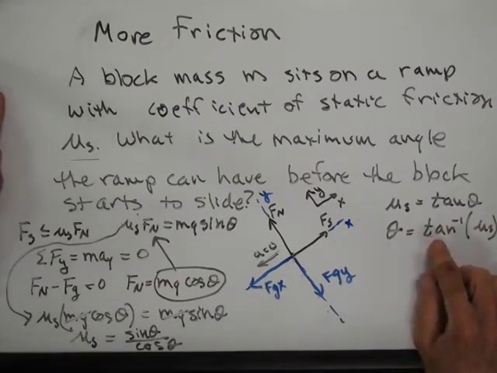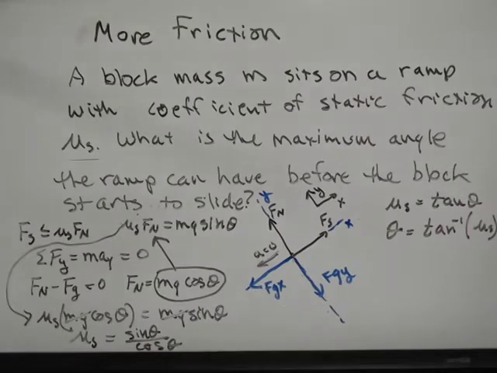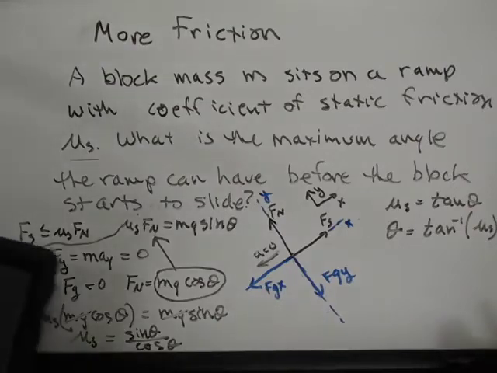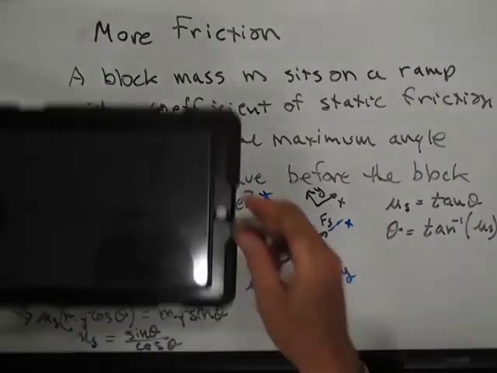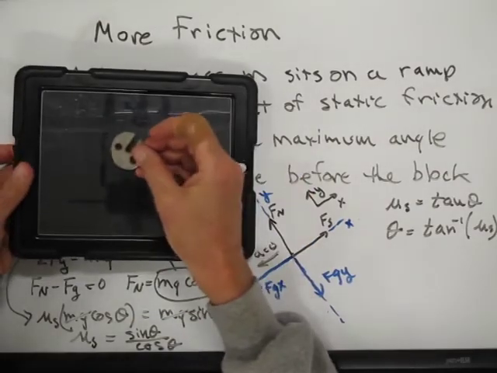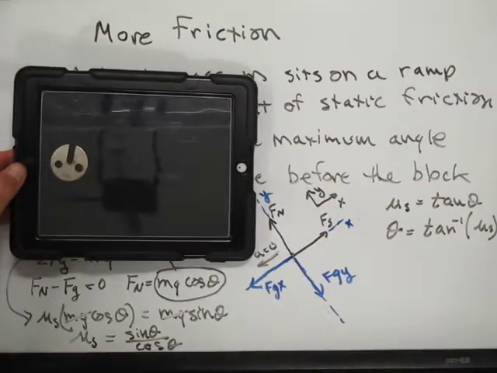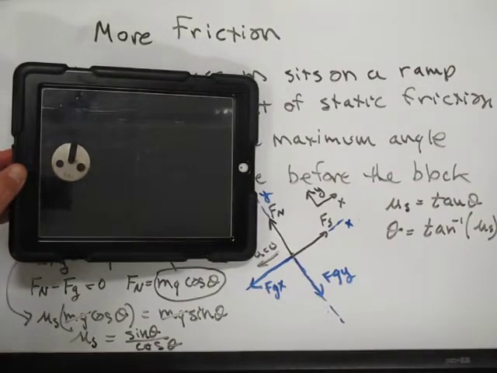By the way, I can also do the reverse of this. For example, suppose I want to know the coefficient of friction between my iPad and this little metal weight. I can raise up my iPad and measure the angle.